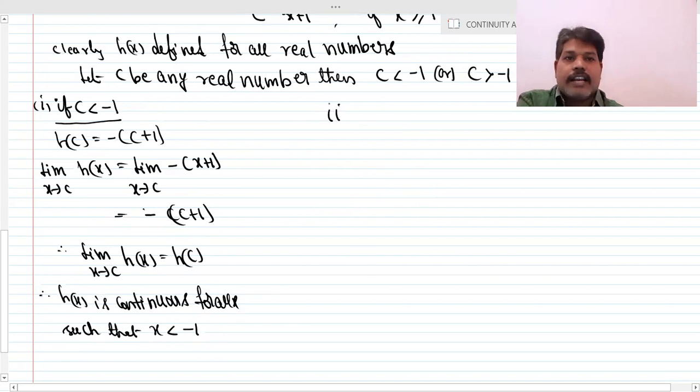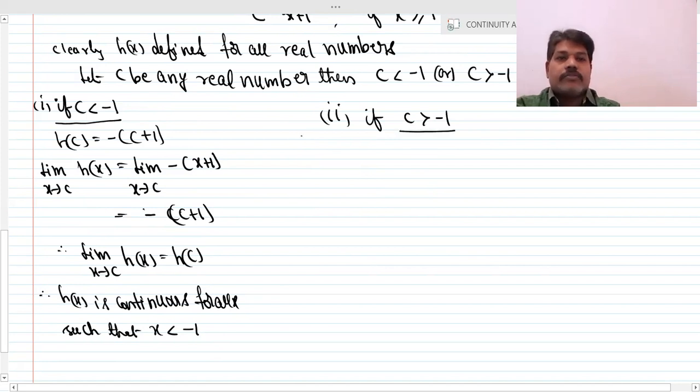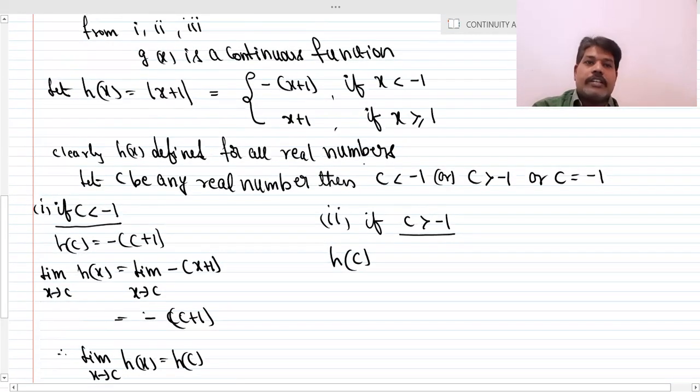Take the second case. If c is greater than minus 1, in this case what happens? h of c is equal to, for c greater than minus 1, x plus 1.